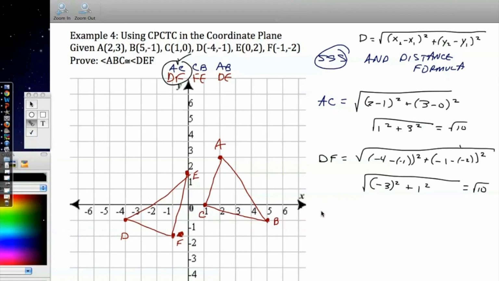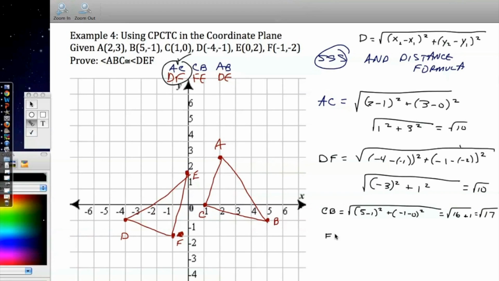Okay, I'm going to have to start writing a little bit smaller. CB is square root of 5 minus 1. Remember, the order doesn't particularly matter. You just have to keep it the same. 5 minus 1 and -1 minus 0 squared. So this is going to be equal to square root of 16 plus 1, which is square root of 17.